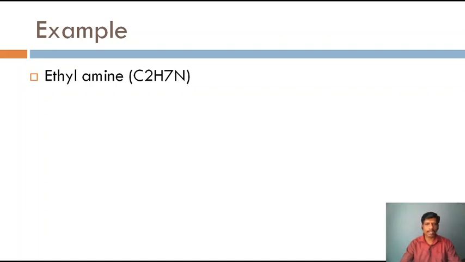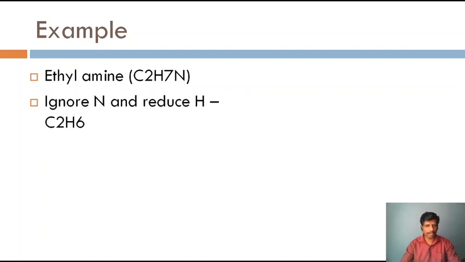Removing N and removing one more hydrogen will give this molecular formula. Now you can apply the formula, x minus y by 2 plus 1. y by 2, that is 6 by 2 is equal to 3. 2 minus 3 is equal to minus 1. Minus 1 and plus 1 is equal to 0. There is no double bond or ring present in the molecule.